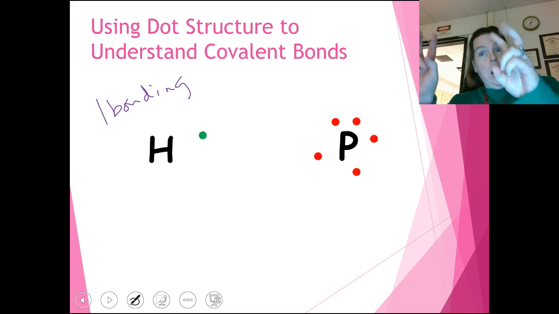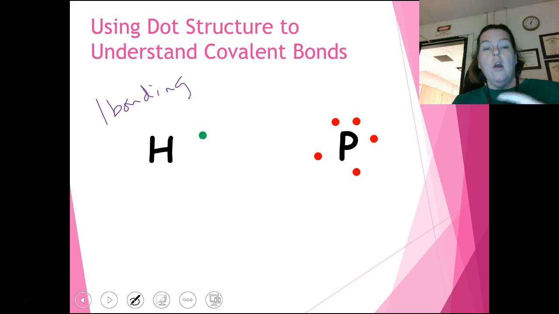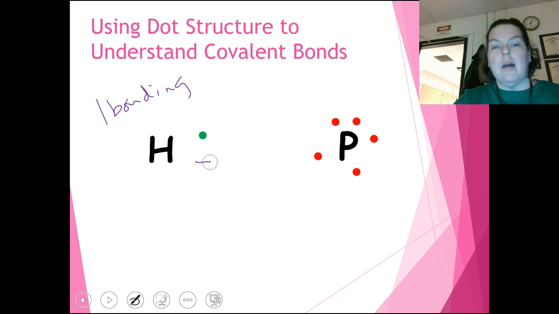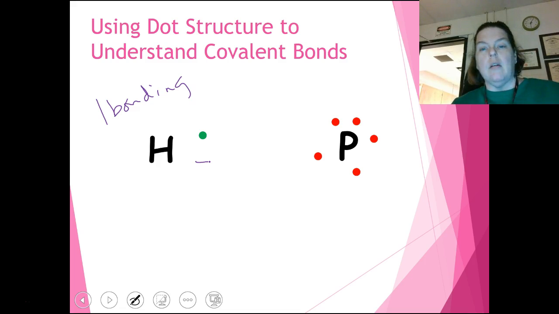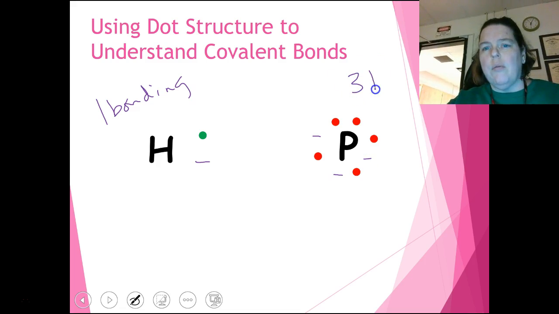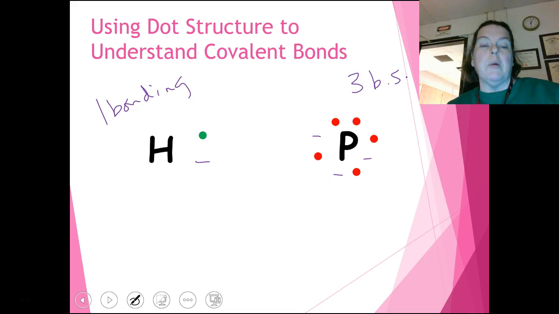It has an octet, air quote octet, because it only needs two electrons, so it only has one bonding site. Now phosphorus, on the other hand, has 5 valence electrons, and it needs 8, so it has 3 bonding sites. That's really important to remember.